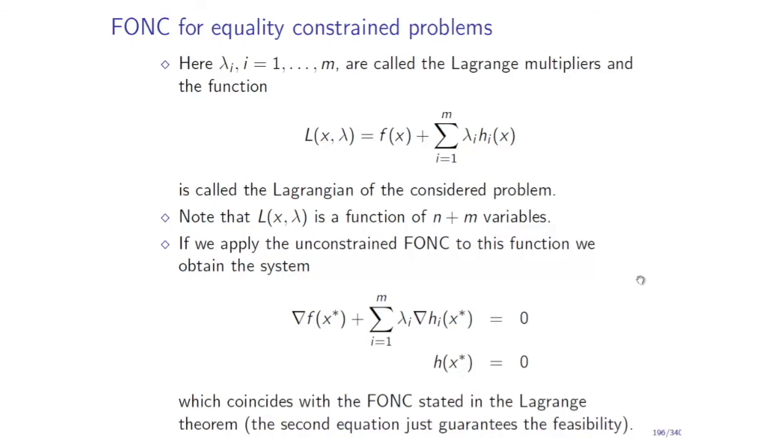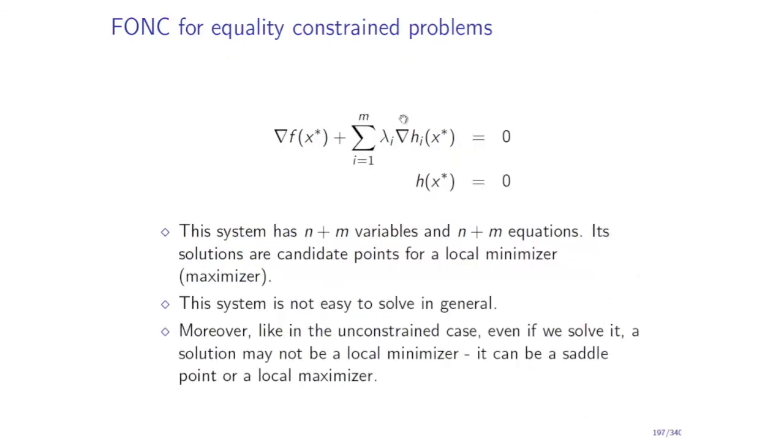The first order necessary condition consists of a system of m plus n variables and m plus n equations, and in general this system is quite challenging to solve. And also, we still have the same deal as we had with the unconstrained minimization problems. Even if we solve the system, this is just a stationary point, so this is only a candidate point for a local minimizer, but it can be a saddle point or a local maximizer, so it can still be a useless point for us.